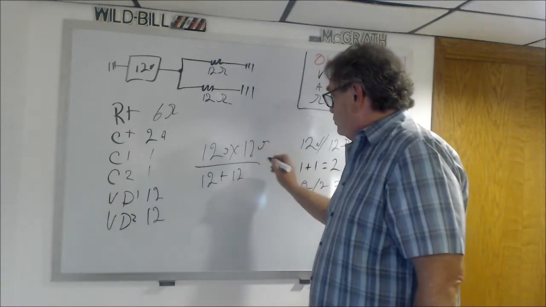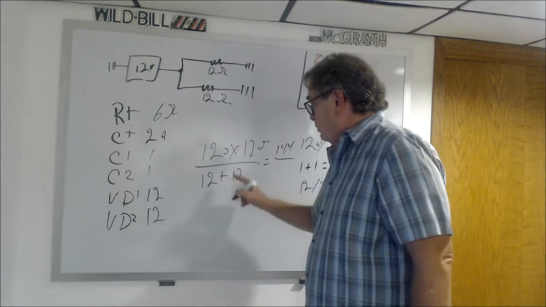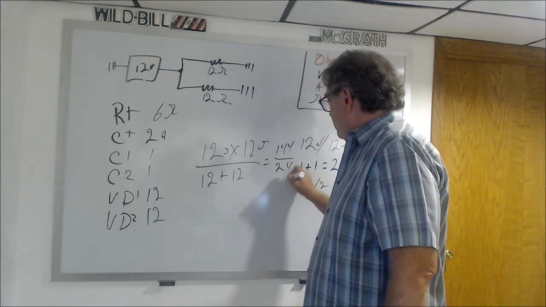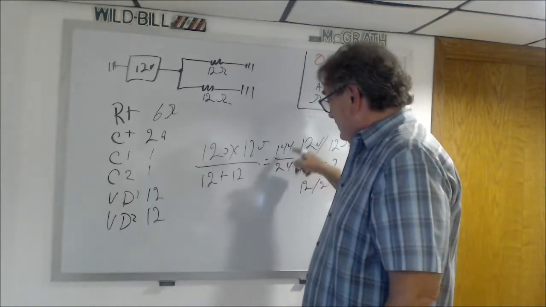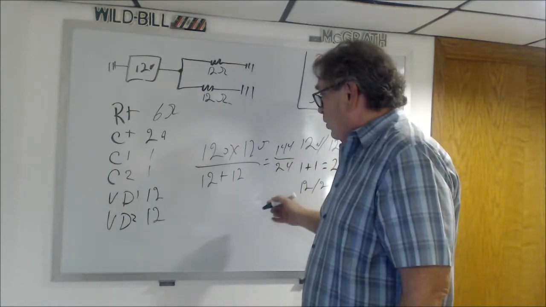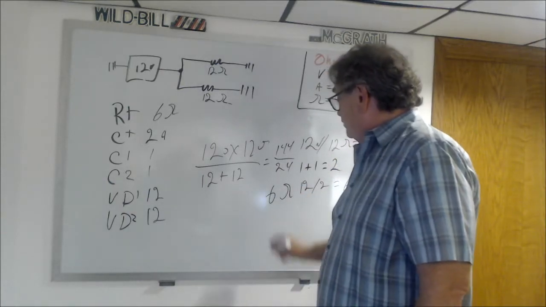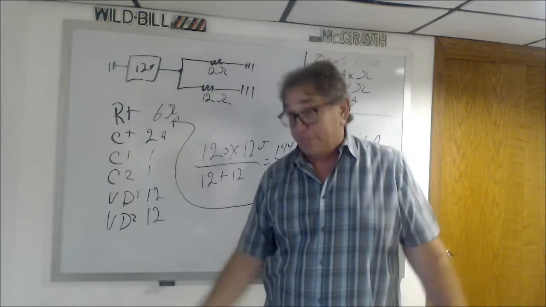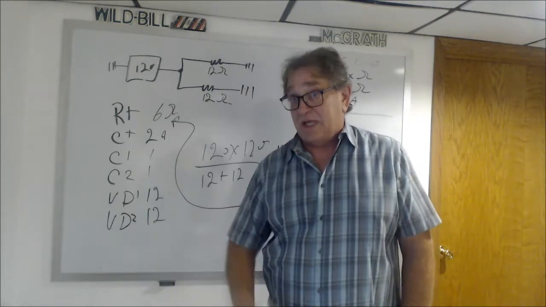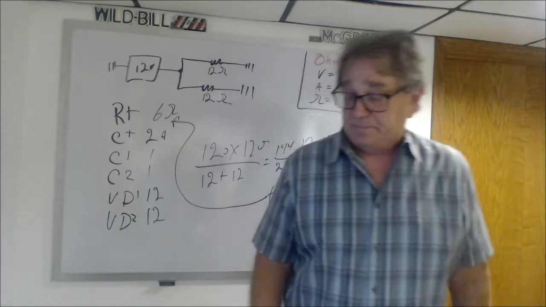So 12 times 12 equals 144. 12 plus 12 equals 24. And if I reduce this number down, remember how to do that, you divide these two, I end up with 6. 6 what? 6 ohms. Is that right? Yep. Get it? Piece of cake, man.